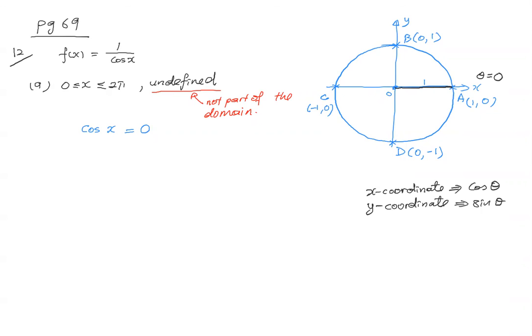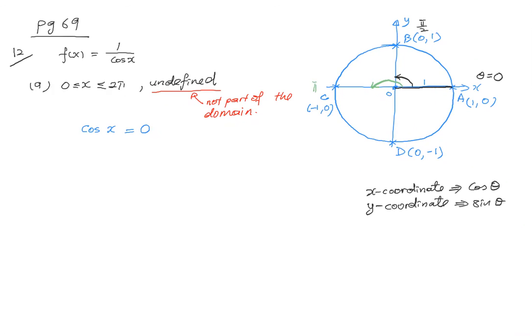If the angle turns until here, what is the size of the angle? Half a pi. If the angle turns until here, what is the size of the angle? Pi.